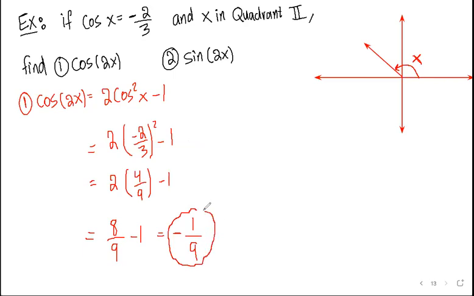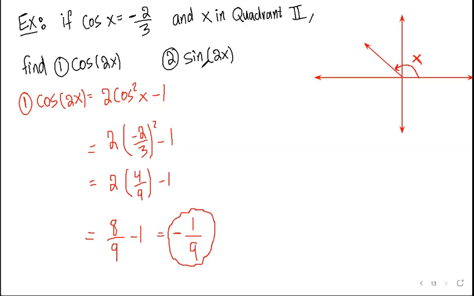So this is the answer for the first one, the cosine 2x. It's negative because in the second quadrant the cosine is negative, for any angle in the second quadrant.